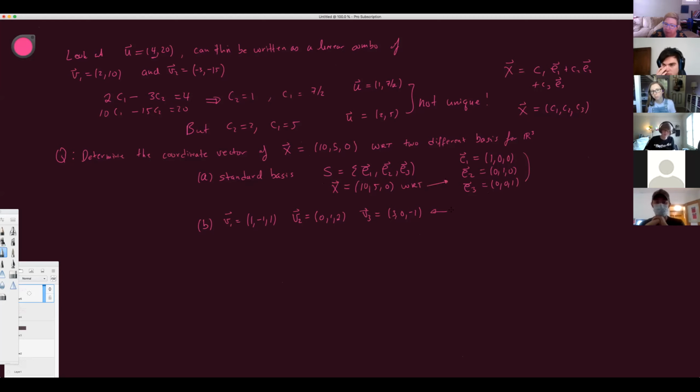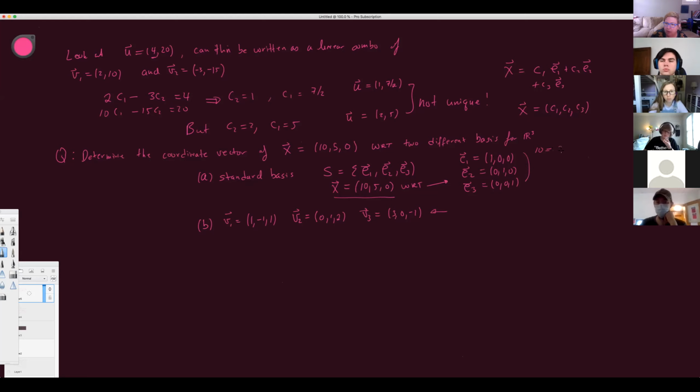Okay, but now when we look at this basis, we want to know how can I write down x with respect to this basis? Okay. All right, so to do that, we need to set up the equations that tell us the c's, right? Because that's what we did here, and you may not have noticed when you did it, hopefully you actually wrote it out, but you really were writing down, okay, 10 is equal to C1 times this component.